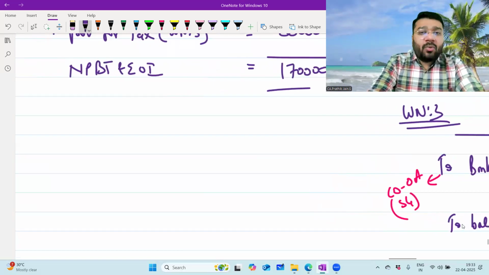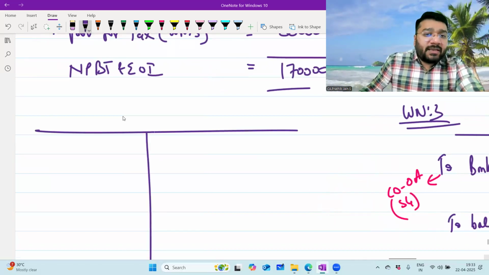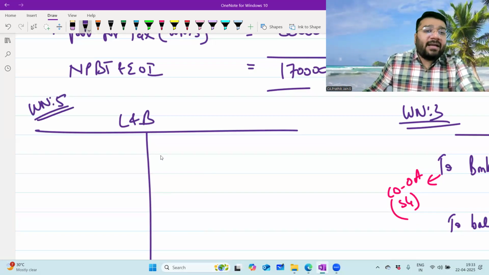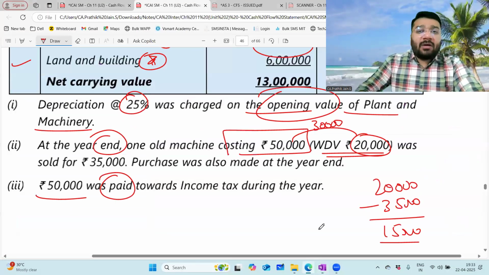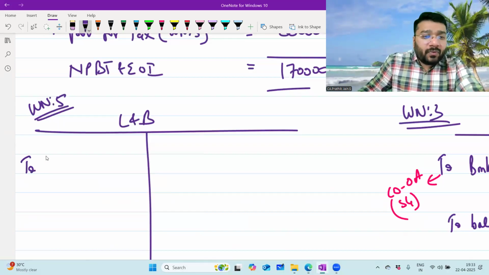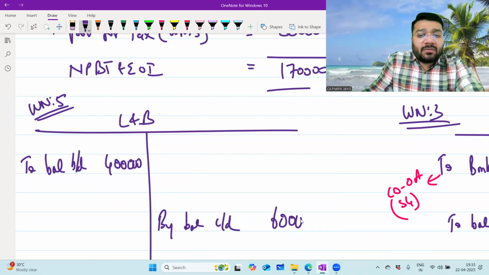Come back to the next, working note number 5, which is nothing but land and building. Opening balance of land is how much, people? 4 lakh rupees. To balance brought down 4 lakh rupees. By balance carried down 6 lakh rupees.